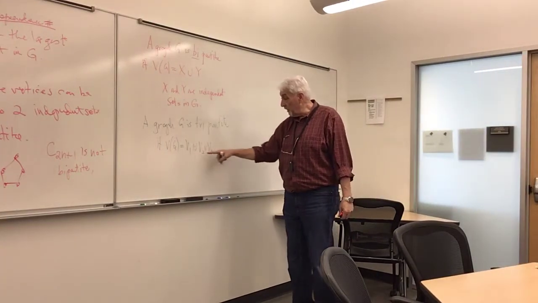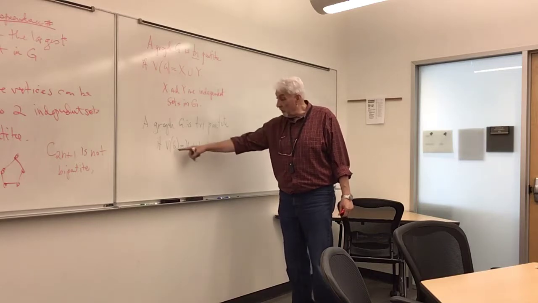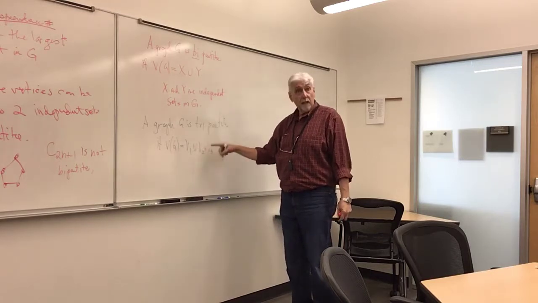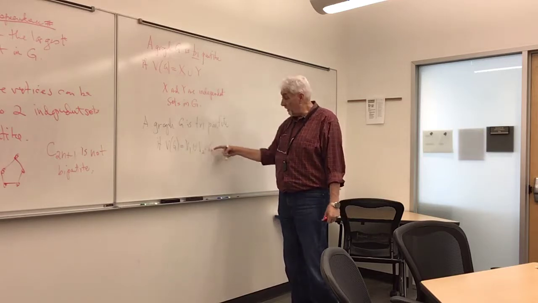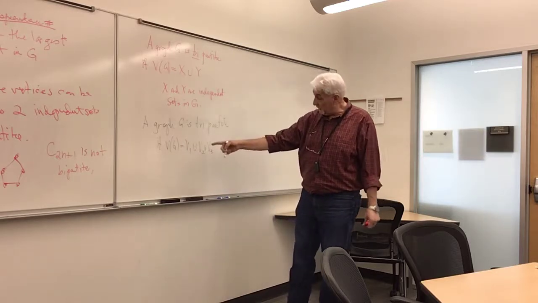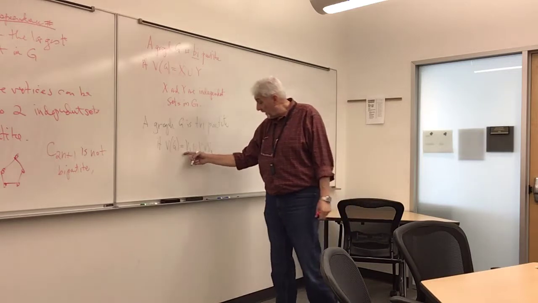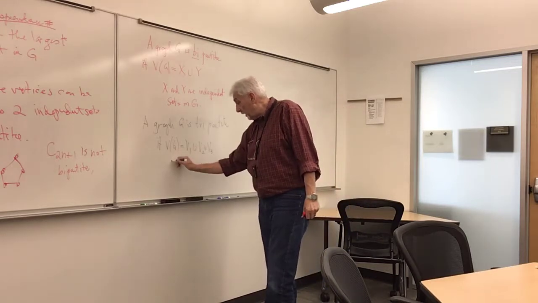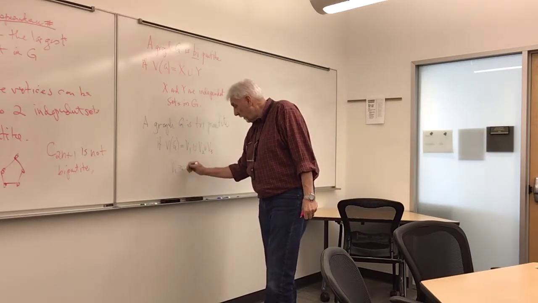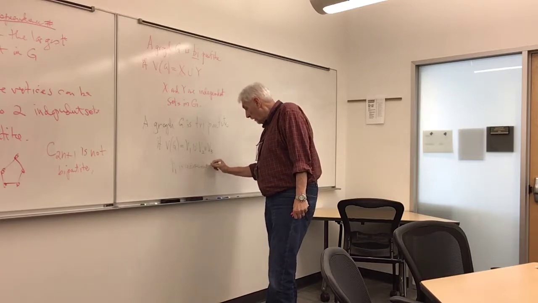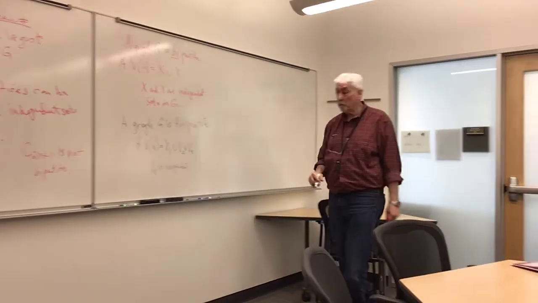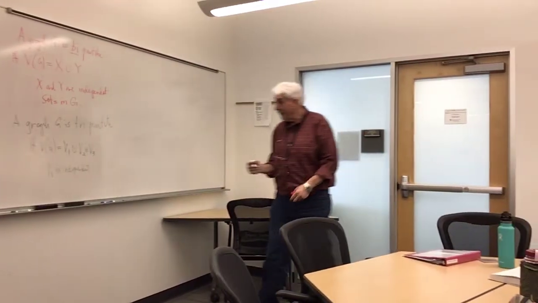Not only is the union of these three sets equal to the vertex set, they don't intersect at all. You all know what a partition is. So if I can partition the vertex set into three sets where each is independent, it's tripartite.